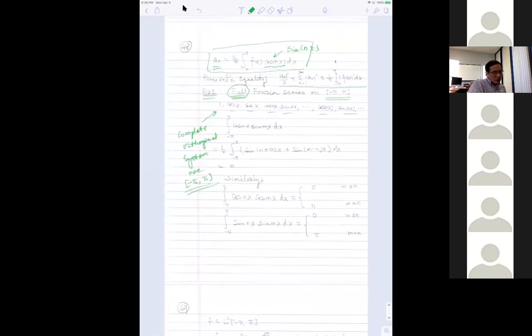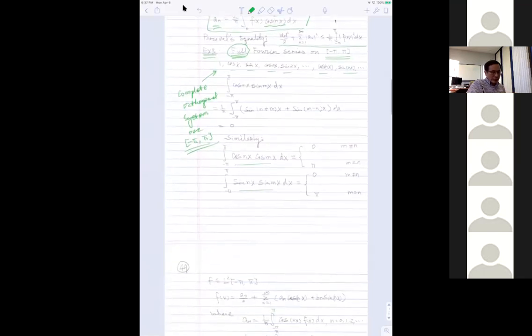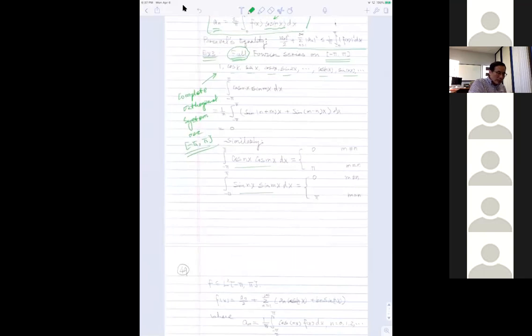And you can go back and double check these integrals using the trig identities I just mentioned. And actually there's also another one: cosine and sine are always orthogonal, even when n and m are the same. This integral will still give you 0.